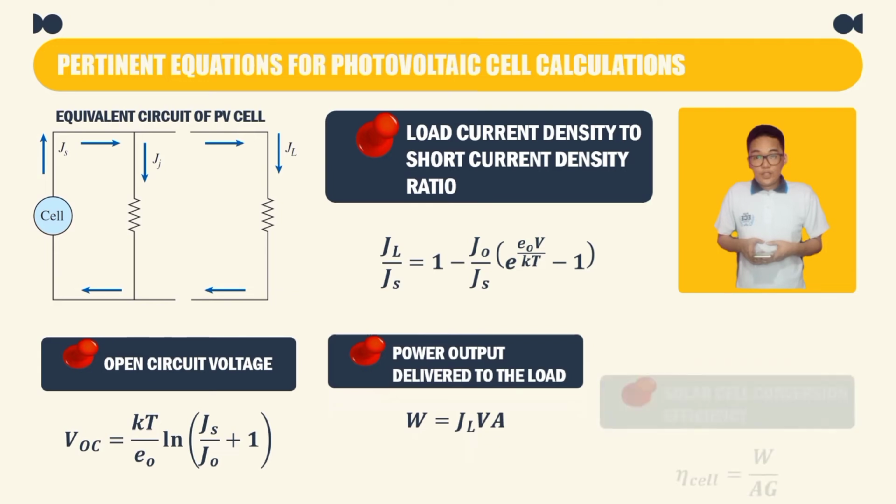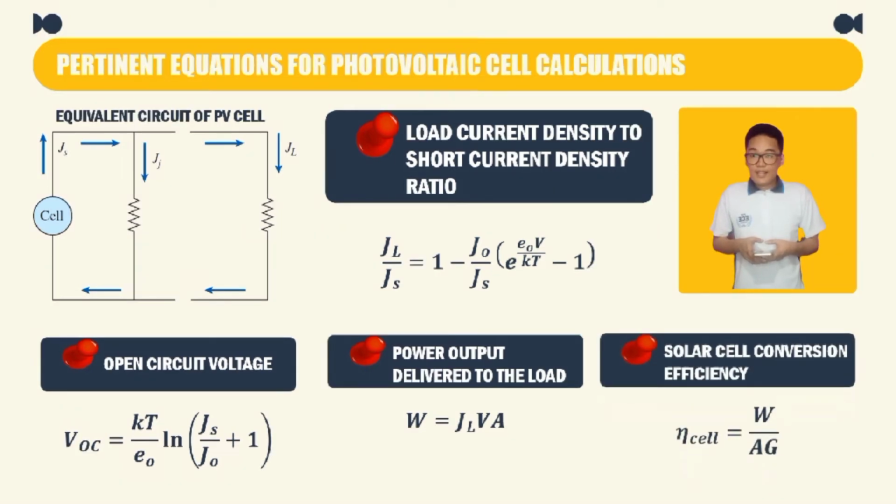If the model is converted into a circuit diagram representation, this is what we will get. We can see here the presence of current output density J sub S, load current density J sub L, and junction current density J sub J. It is worth noting that the junction current density is equal to the algebraic sum of the light-induced recombination current J sub R and the reverse saturation current J sub O. Now, by employing proper circuit analysis methods, we can derive the pertinent equations for solar cell-related calculations.